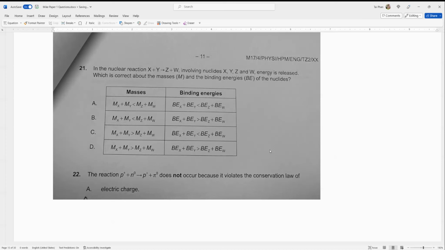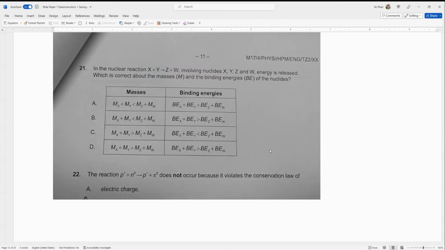In a nuclear reaction like this, it always happens in the direction such that the products Z and W will have the greater binding energy per nucleon. But the number of neutrons of nuclei Z and W could be smaller than the number of neutrons in the reactants X and Y.